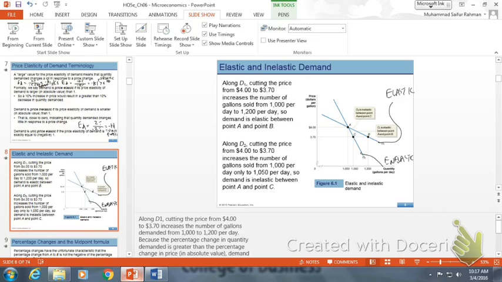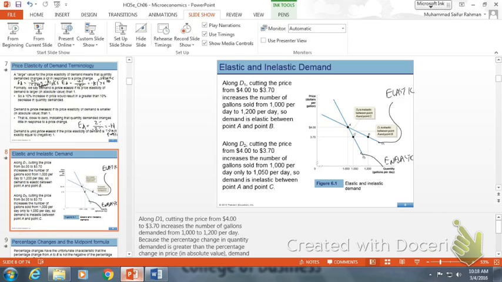So it's about 50 divided by 1000 times 100. I cancel those. It's just 5%. My percentage change in price is again 7.5, right? Because it's the same price change. So in this case, my elasticity of demand is 5 divided by 7.5.